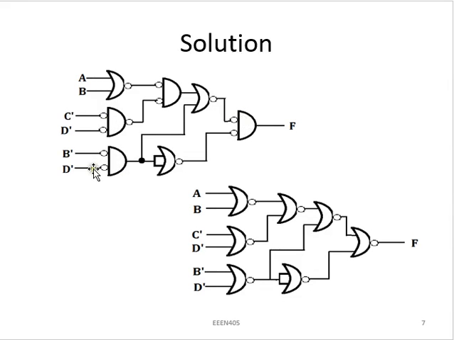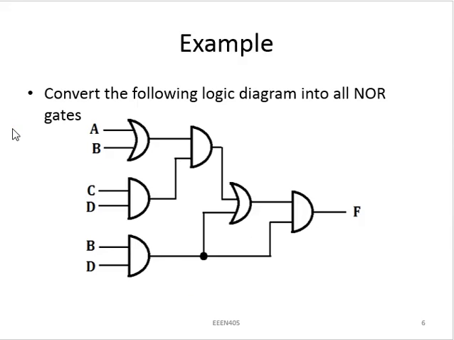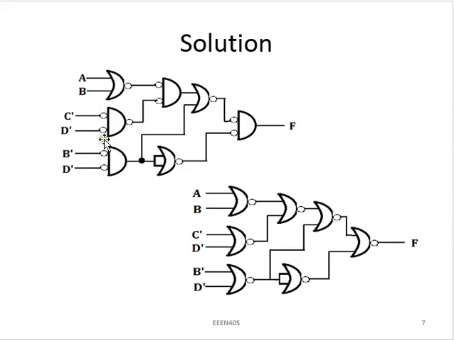But at the same time, we can see that originally in the circuit I have C and D here, and here I have B and D. But because of this negation introduced to their lines, I have to change them to C prime, D prime, and B prime respectively. So after doing that, wherever I see an AND gate with double negation at the input, I replace it with a NOR gate. Therefore, this is my final circuit diagram with all NOR gates.